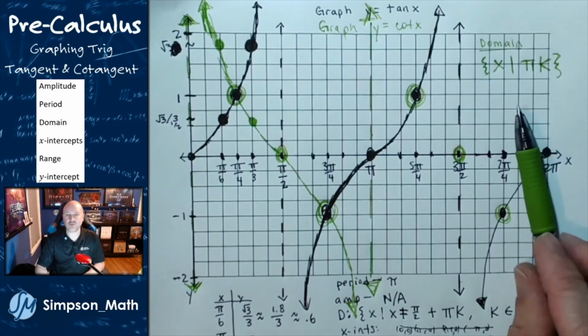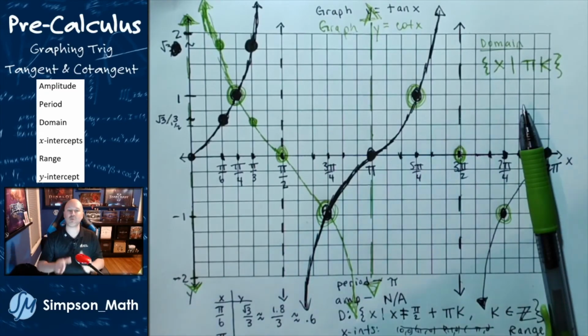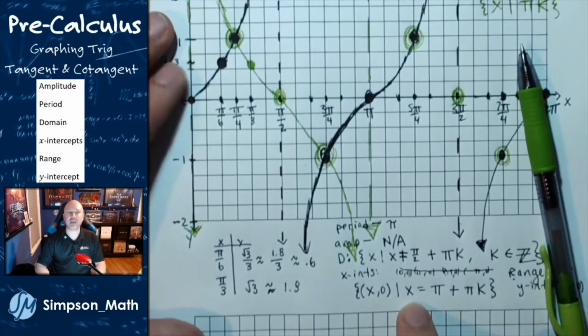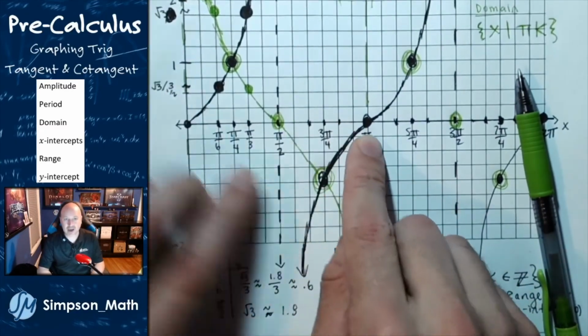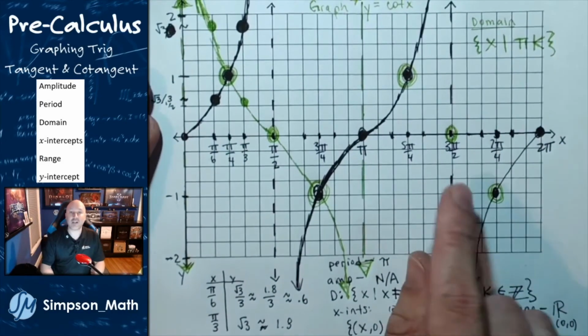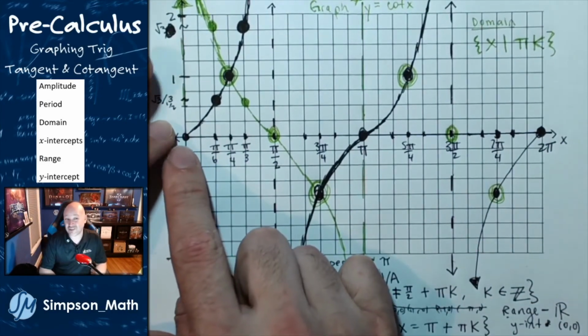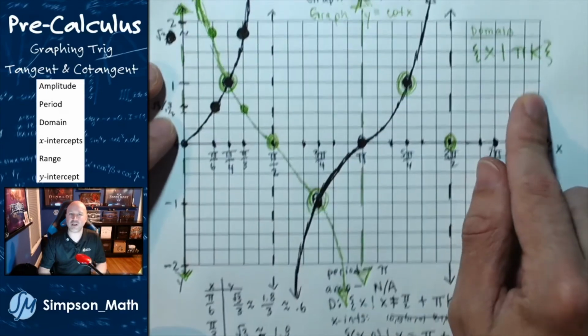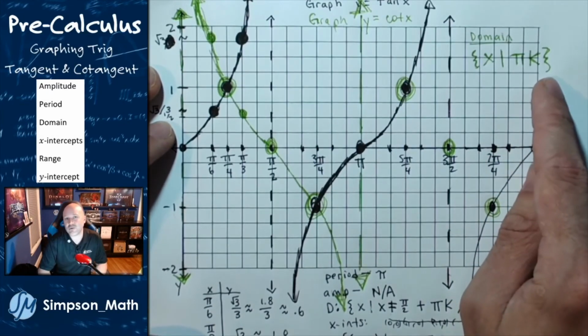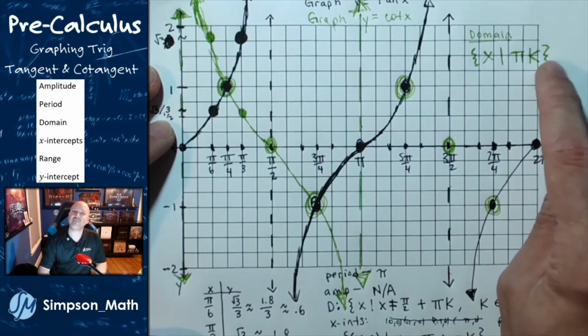If this confuses you, don't panic. You can go back to what we were doing, where you can say x cannot be pi plus pi k. I'm just acknowledging that because one of those values is 0, it can be a little bit more elegant. I think this will handle it. And we can test a few integers to find out.